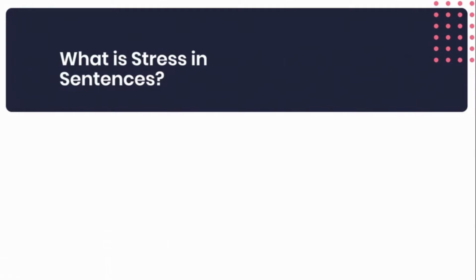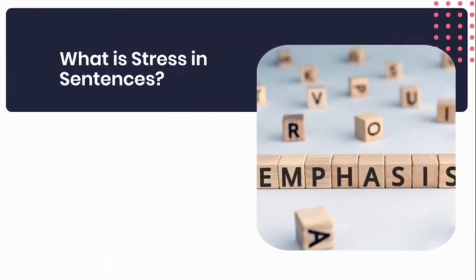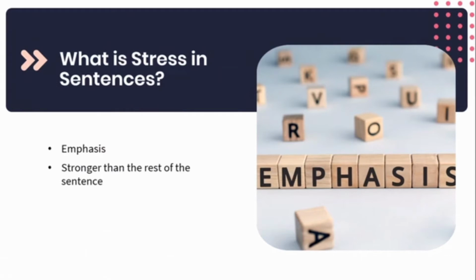When we speak about stress in a spoken language, we are referring to the parts of a sentence on which we place emphasis. The stressed word of a sentence may come across as stronger than the rest of the sentence.